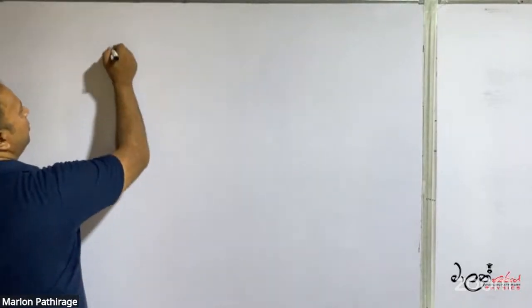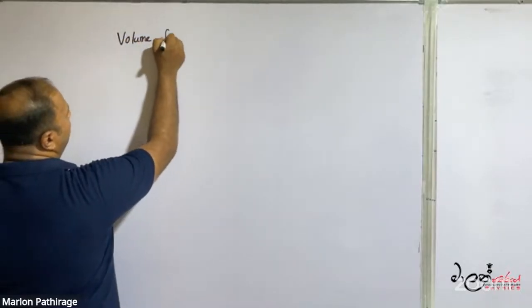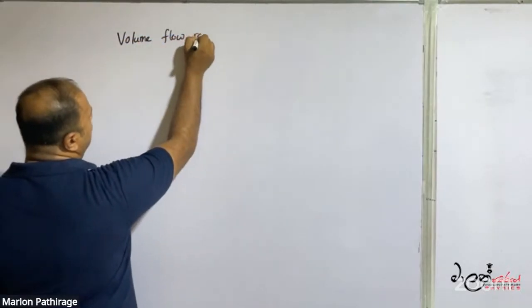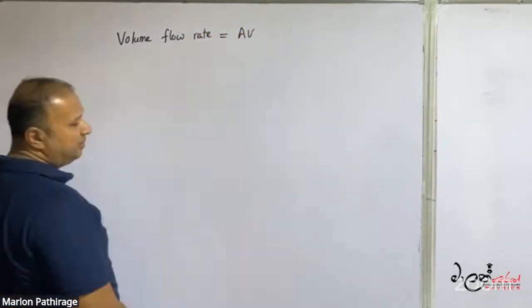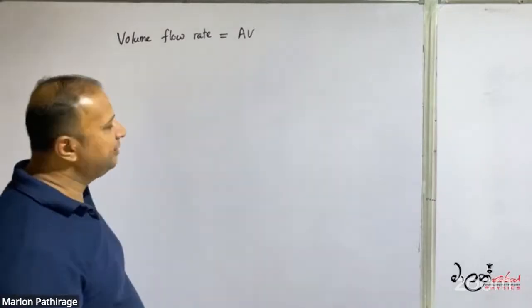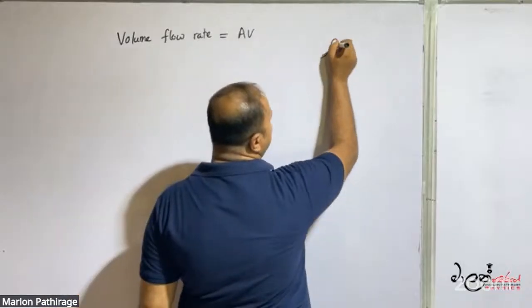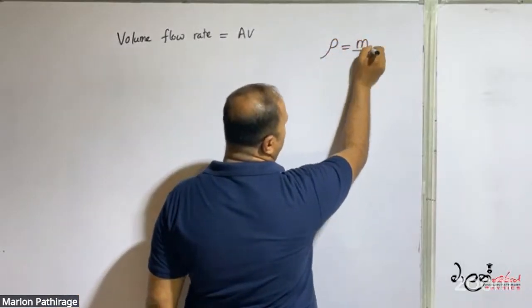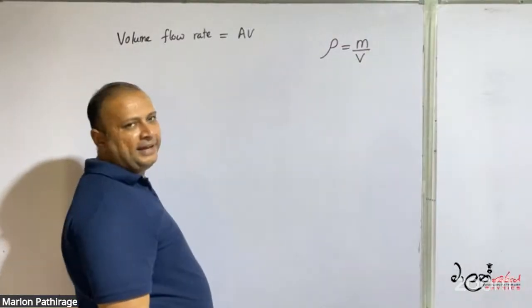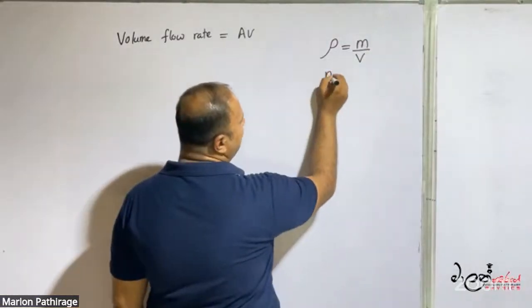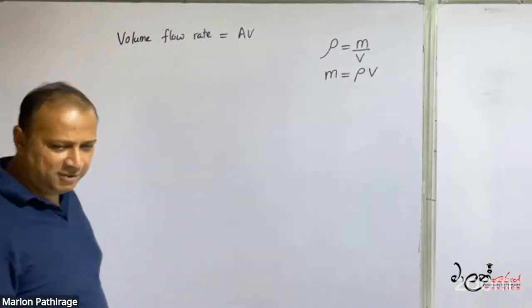You know, volume flow rate is equal to AV. Density is equal to mass over volume. Therefore, mass is equal to density into volume.